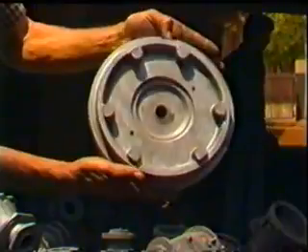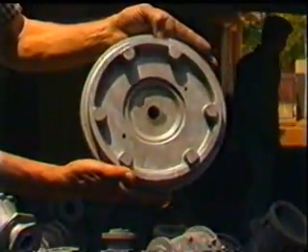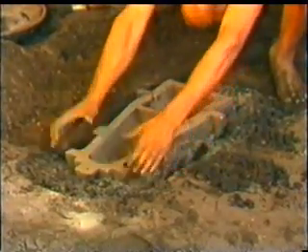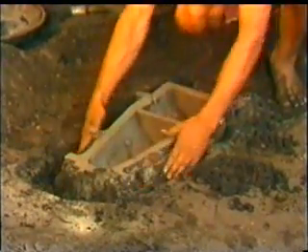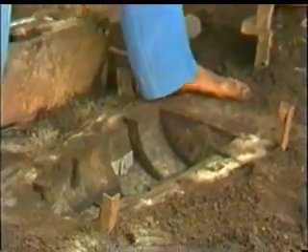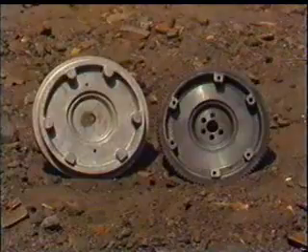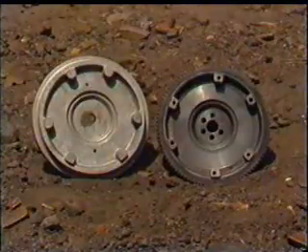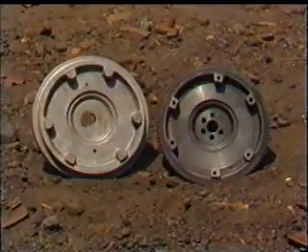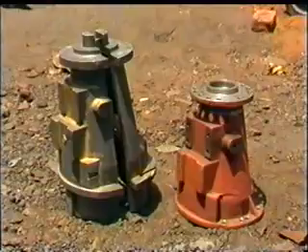Pattern is a replica of the desired shape of the components, which when embedded in sand produces a cavity called mold. The size of the pattern is kept more than the size of the finished components to allow for shrinkage and machining allowances.